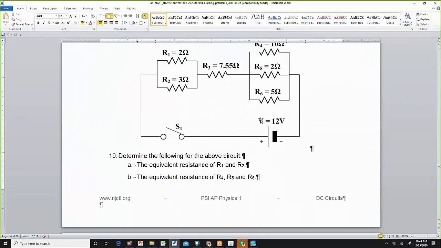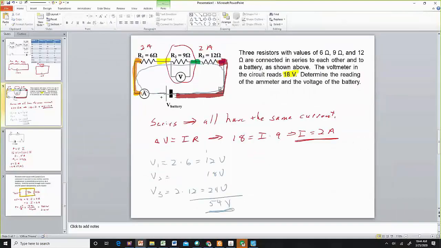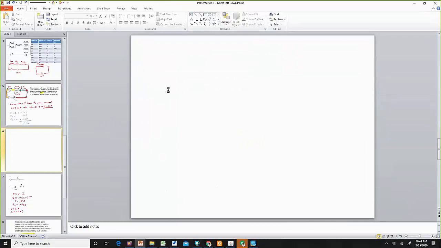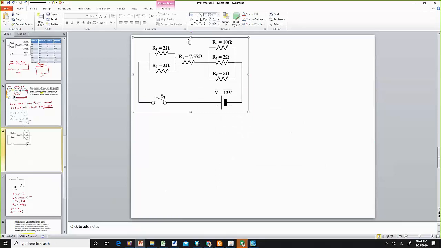Okay, so number 10 has multiple parts, and here's the problem. And this is how I recommend that you go around solving it.